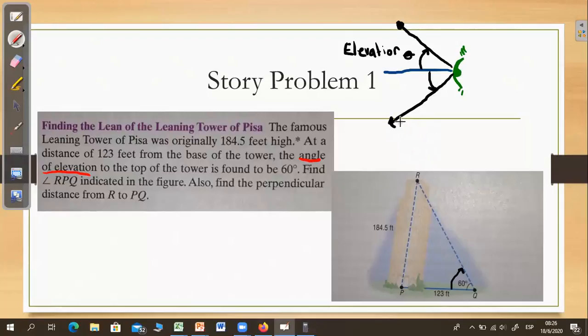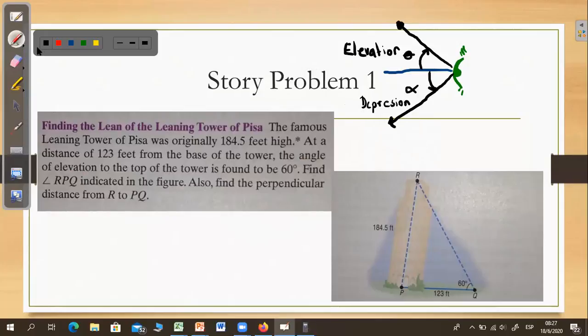Looking downward, the angle you create is called the angle of depression. This is more useful in physics, but to have it clear in the context of this exercise, I want you to be sure about how this works. Is it clear? Do you have any question about elevation or depression? Elevation, looking up; depression, looking down.